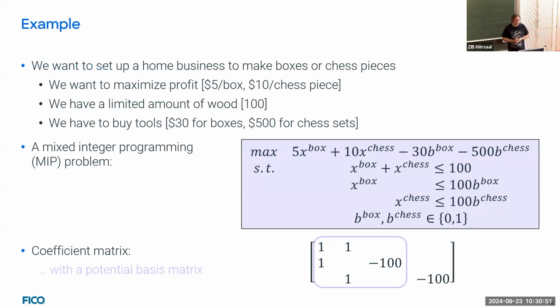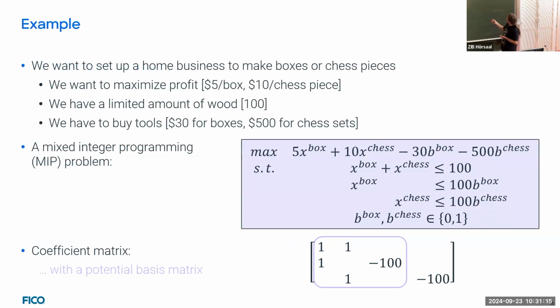Okay, so let's look at a quick example. Here, an application where we want to set up a home business to produce some boxes or chess pieces from wood. We want to maximize profits, have some limited amount of wood available, and there are some setup costs here. You can check for yourself that this is a valid model of this problem.